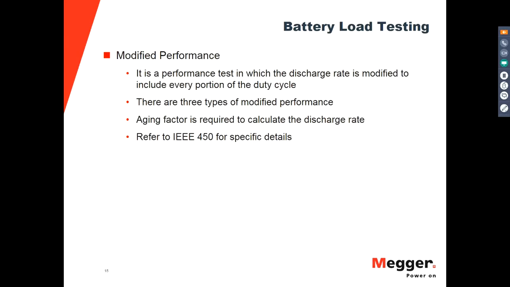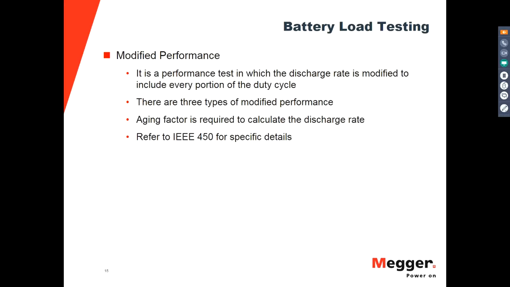And then the modified performance test is a test that can do both. It will do the profile, and then once the profile section or the duty cycle section of the test has finished, the test is continued with a constant current from the manufacturer's tables, and then you get the capacity. So you are verifying both aspects: the duty cycle, and you're getting the capacity value of the battery.